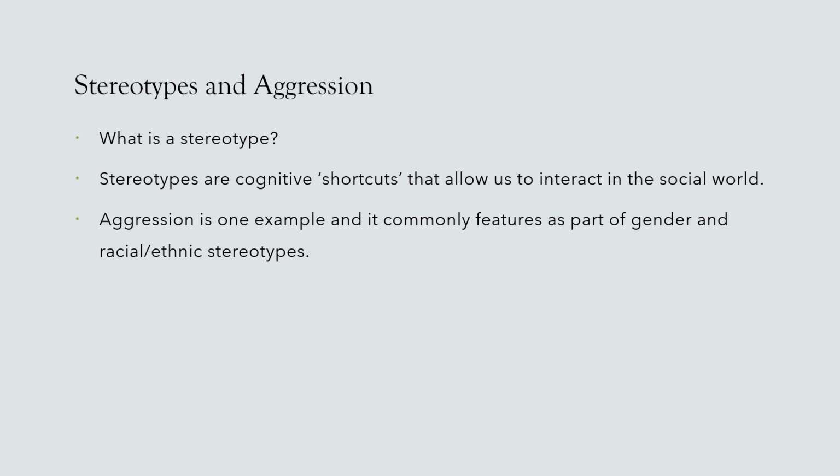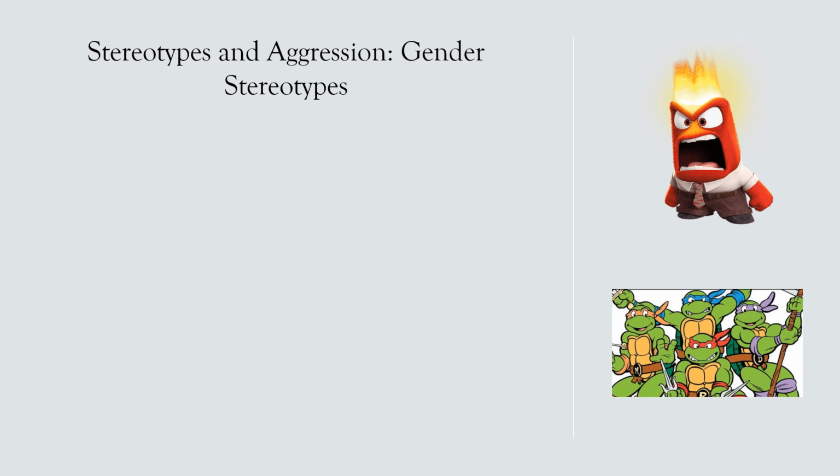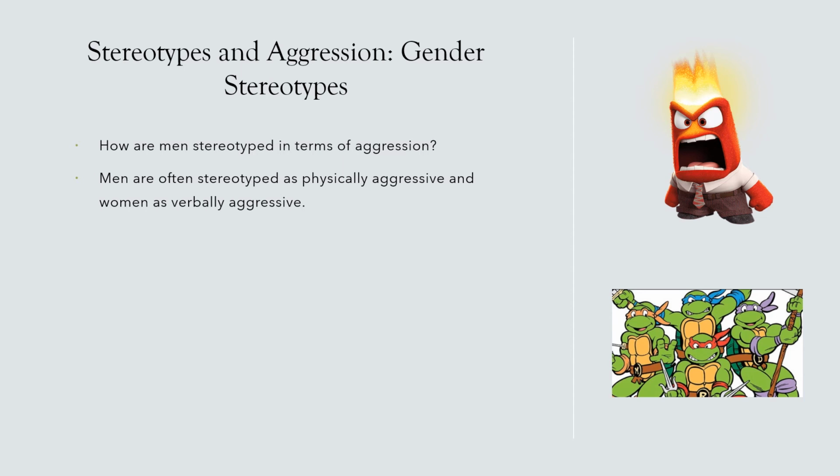And if we saw a female, we probably wouldn't think that. And that's because of our stereotypes. Firstly, with stereotypes and aggression, I want to look at gender stereotypes. And we've already discussed this. How are men's stereotypes in terms of aggression compared to women? Men are stereotyped to be physically aggressive, whereas women are seen to be more verbally aggressive.